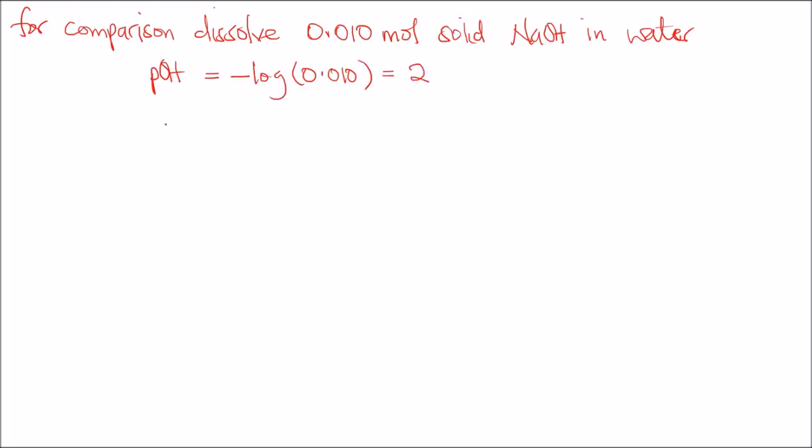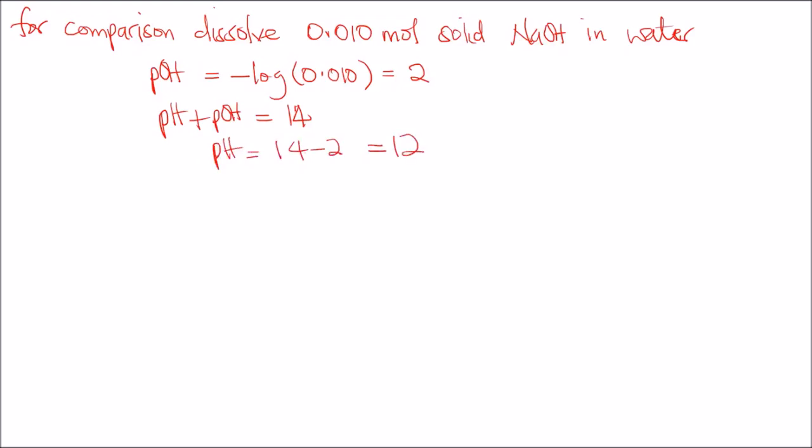Now we have an equation that we have not discussed much, but pH plus pOH is equal to 14. So in this case, our pH will be equal to 14 minus 2, which is 12.